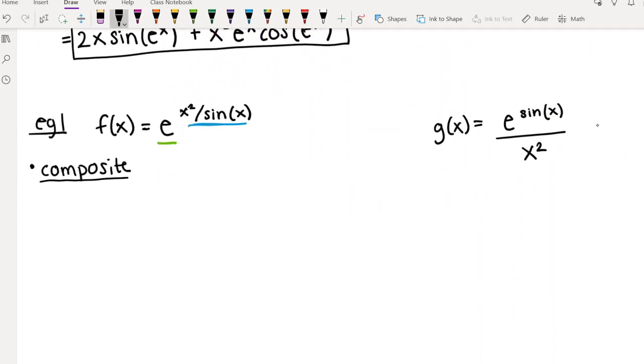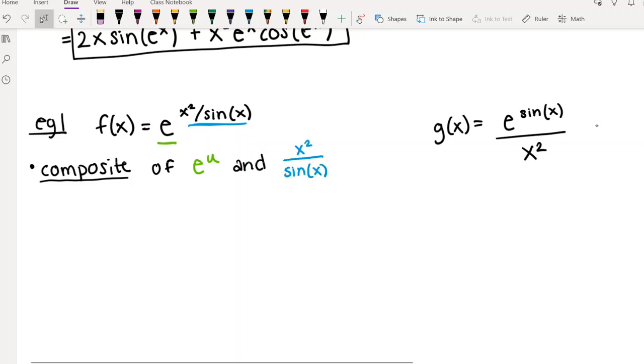It's a composite function, and specifically, it's a composite function where the outer function is e to the u, and the inner function is x squared over sine of x. And it just so happens that x squared over sine of x is a quotient. So that tells us that along the way, we're going to have to use the quotient rule, but it's not what we're going to do first.